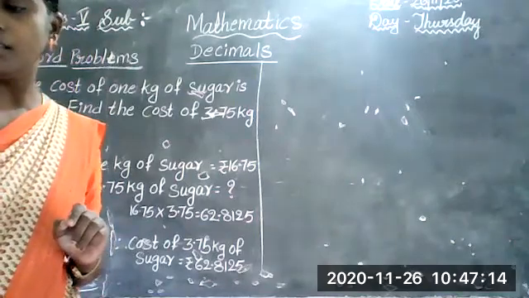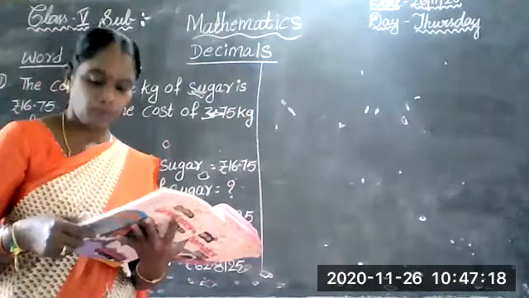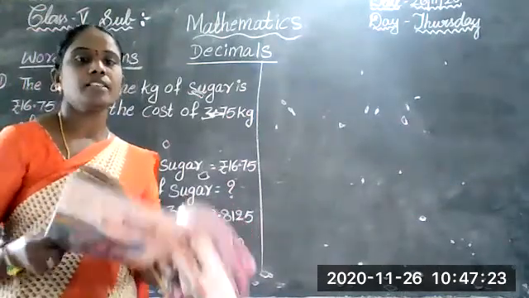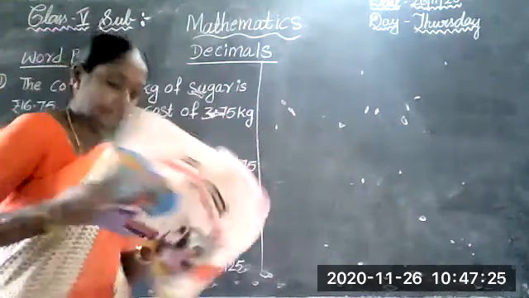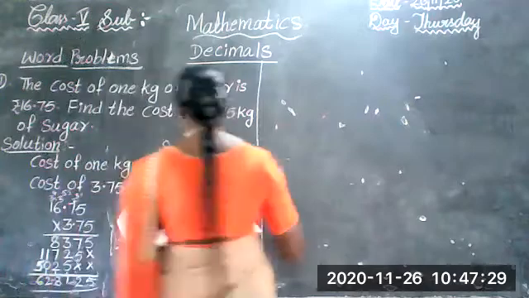Okay, good. Now, exercise 3.10, page number 57. Exercise 3.10, page number 57. The 12th one.